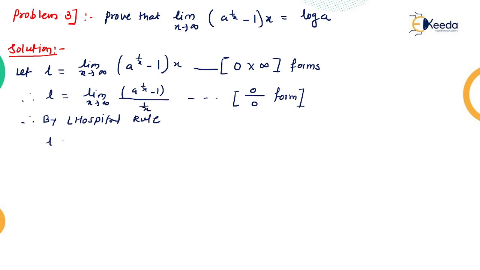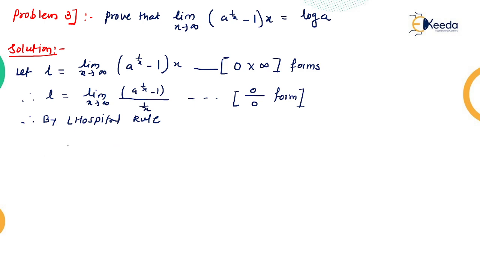By L'Hospital's rule, we have to take the derivative of the numerator and denominator, but before that we need a substitution, because the numerator and denominator are in a little bit complex form.